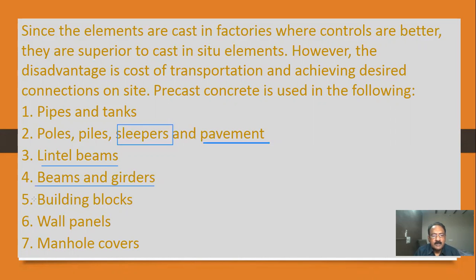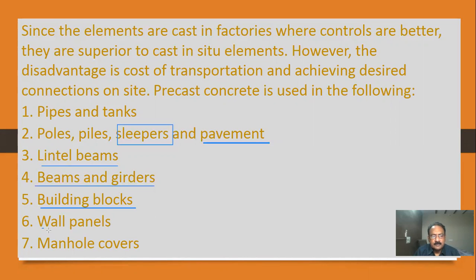Building blocks, different types of blocks, walls, panels, and slabs can also be precast. You can also precast columns and beams. You can construct them in another industry or factory and then construct the buildings with them.